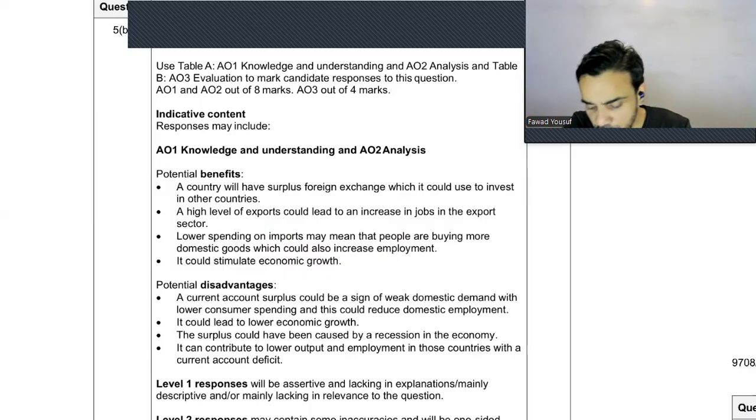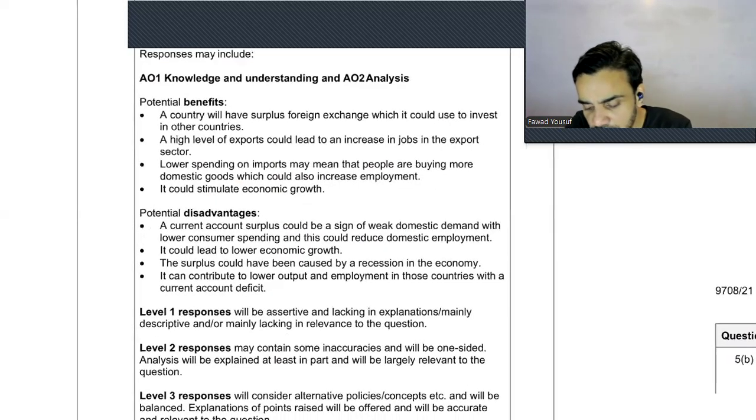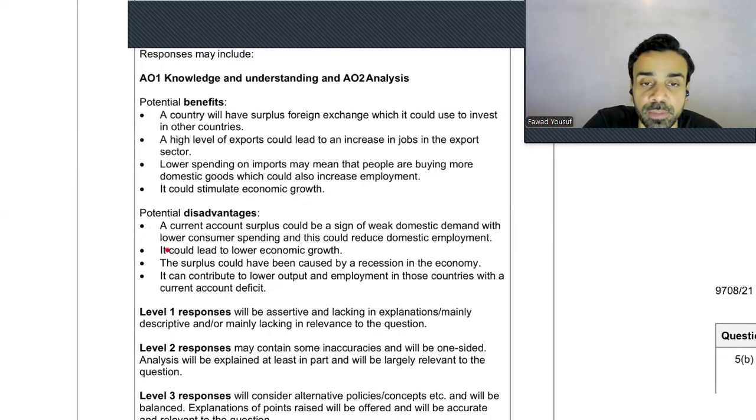But there can also be inflation. So one of the disadvantages I can write is the inflation aspect over here. Demand-pull inflation can occur because of rising exports.